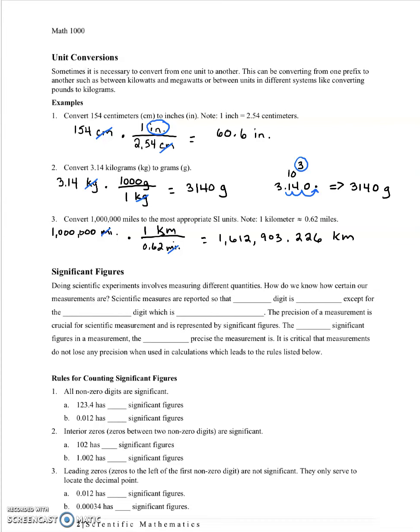When you do science, we need to talk about significant figures. These are important. Doing scientific experiments involves measuring different quantities. So how do we know how certain or how precise our measurements are? Well, scientific measurements are reported so that every digit is certain, except for the rightmost one.